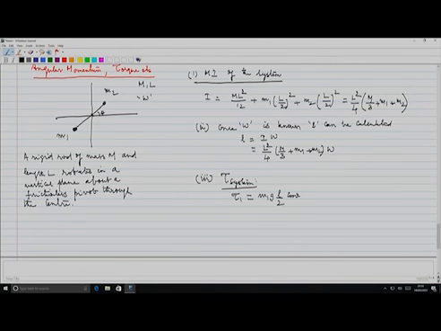L by 2 cos theta is this distance, similarly this distance. What about the direction? The torque has a direction. This one is out of the plane. Tau 2 is similarly m2g into L by 2 cos theta, but this is into the plane.